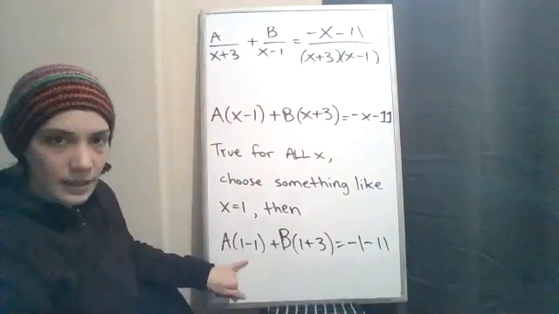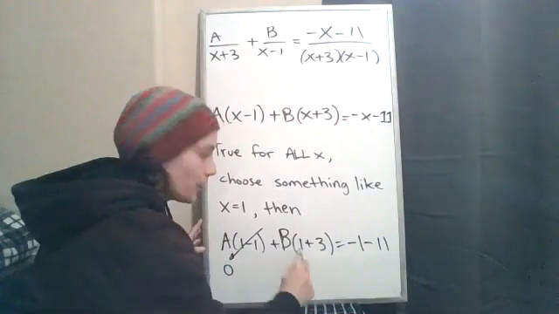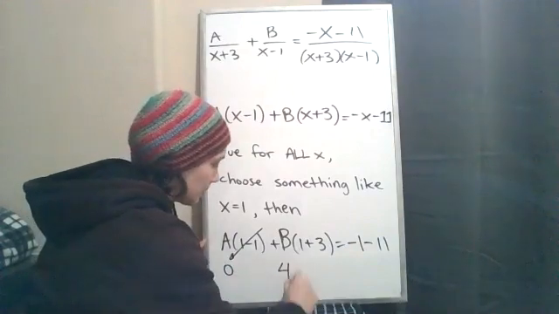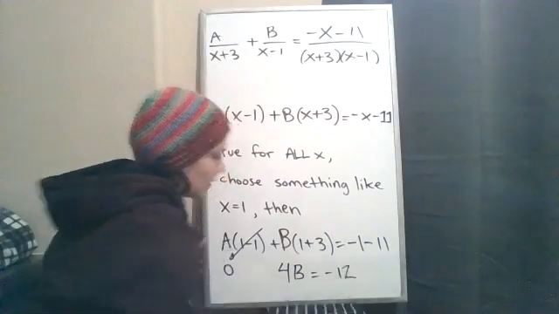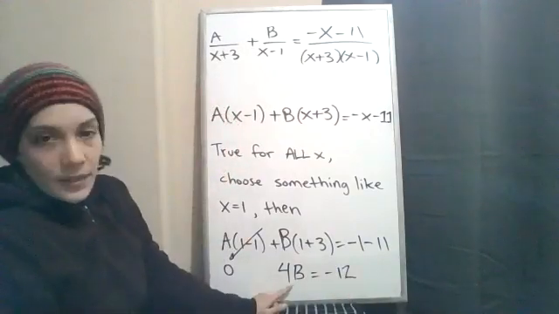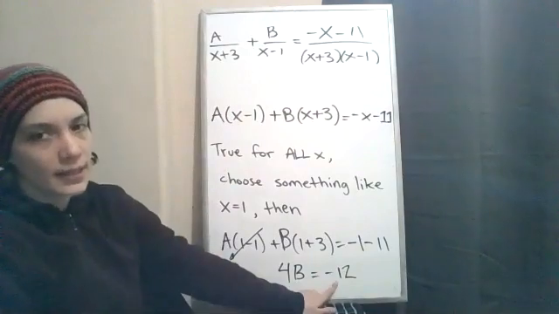So 0 plus 4 times b is equal to negative 12. Okay, divide both sides by 4, and b is equal to negative 3.